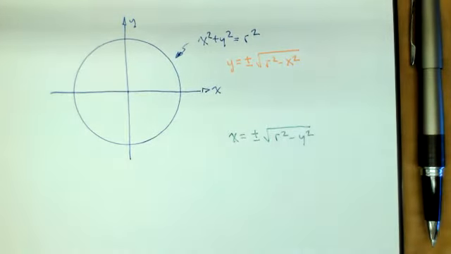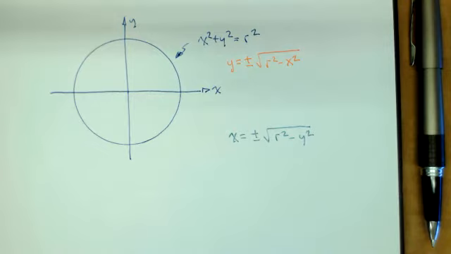So we can't write one function, write y as a function of x or x as a function of y. We need two, because the circle fails the vertical line test and the horizontal line test. But the plus and minus describe the two halves of a circle.